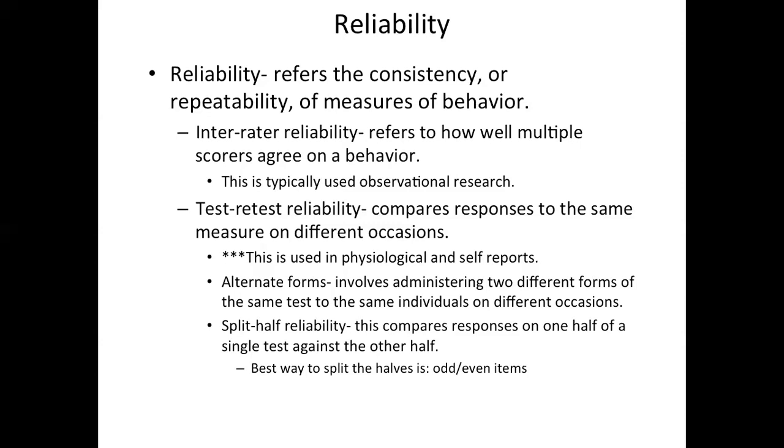So if I am watching a karaoke performance and I'm a judge, and Eileen is watching a karaoke performance and she's a judge, would our scores match? Or would they be similar in terms of the rating of performance? The degree by which they match is what we call inter-rater reliability.